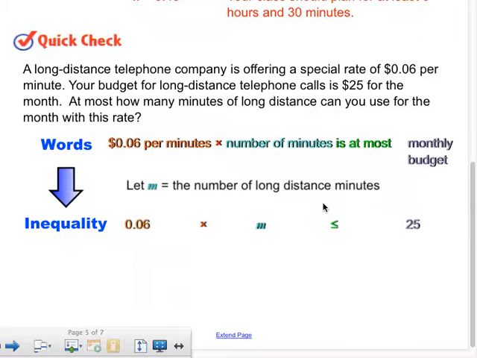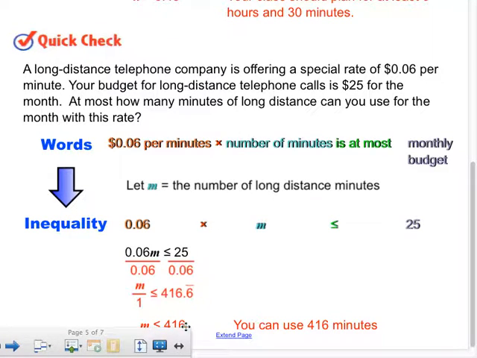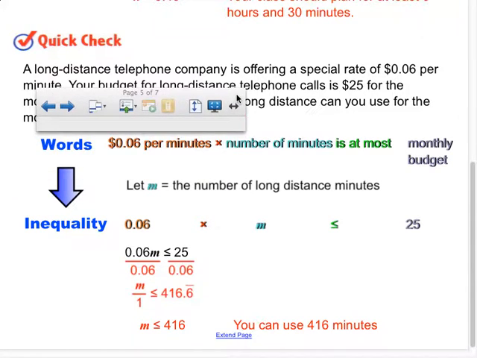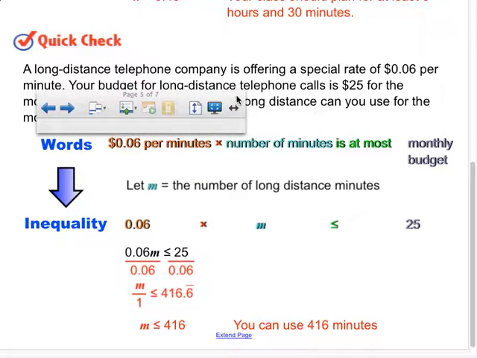Okay, so here's what we have. And then you divided both sides by 6/100. Okay. And then here's what we get when we divide that out. I'll just tell you guys right now. It's 416 and 6/10 repeating. And so the answer, because they're not going to bill you for part of a minute, they're going to bill you per minute, and you don't want to go over.